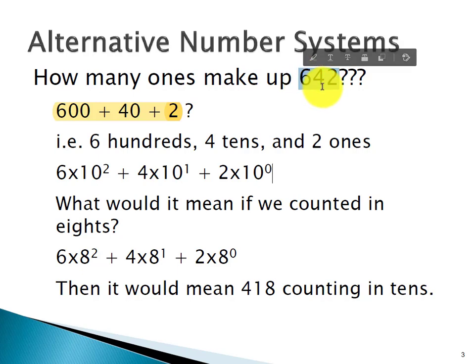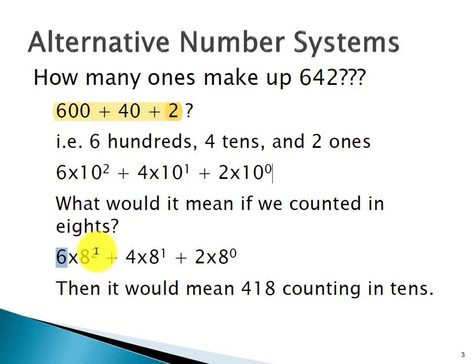So all of these numbers are in that range. You can see that. The 6 is in that range, the 4 is in that range, the 2 is in that range. If we were counting in 8s, that means that you could have 6 in position 3, multiplied by 8, the number of different things that could take that position, to the power of 2. Why 2? Because it becomes the position minus 1. So if the position is 3, then this would be 2.